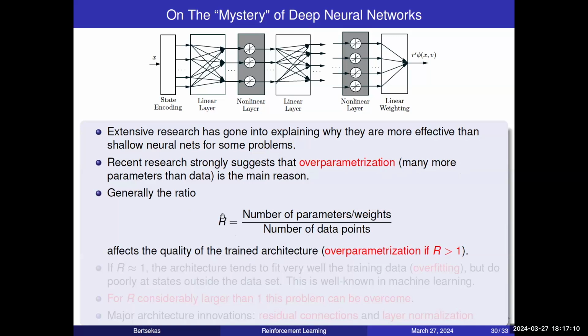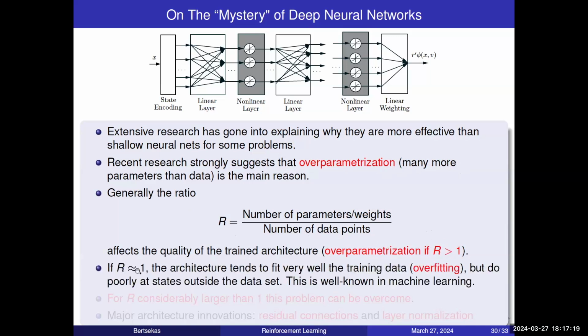We denote this number as R, and we call it over-parameterized if R is bigger than 1. If R is approximately equal to 1, the architecture tends to fit very well with the training data. And this causes the problem of overfitting, doing poorly on data outside of the data set.